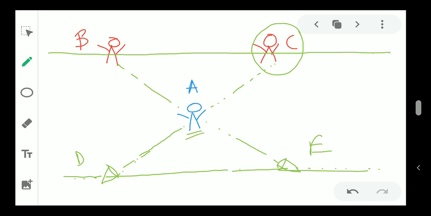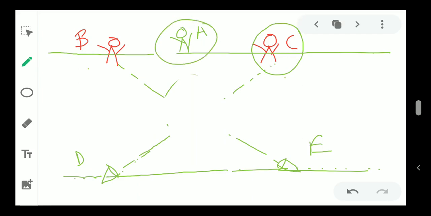But if I bring this A here, then irrespective of my position, I will see that A, B and C are in the same line, like the background will be same.